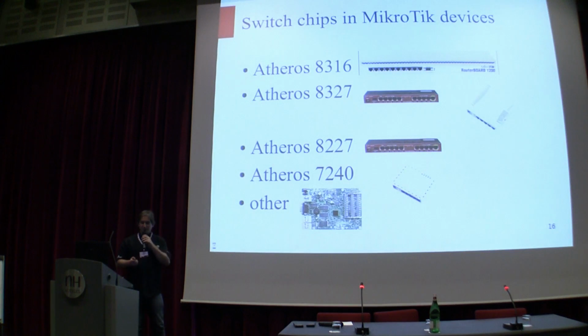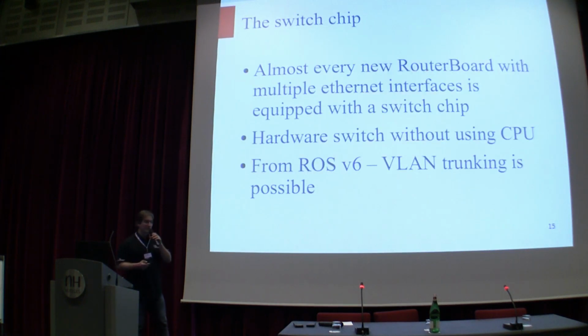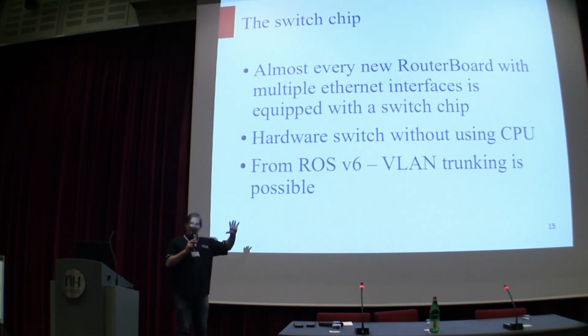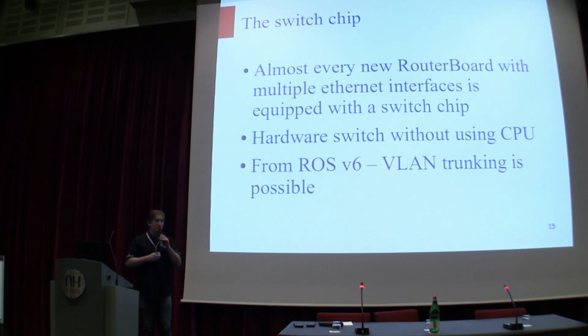And from RouterOS version 6, this is important because some people just stuck at the earlier RouterOS versions and they don't know it, VLAN trunking is possible using the internal switching chipset.